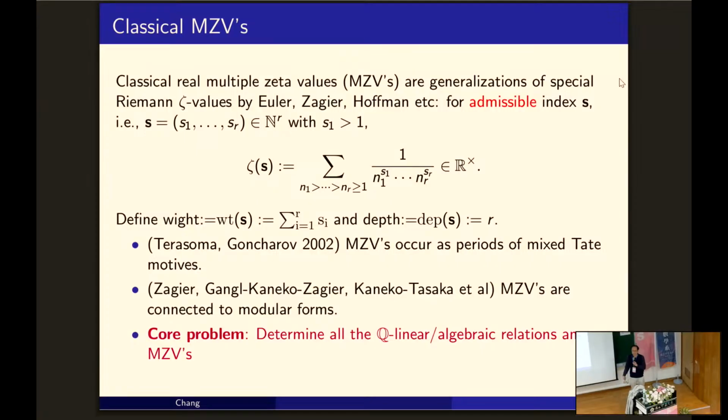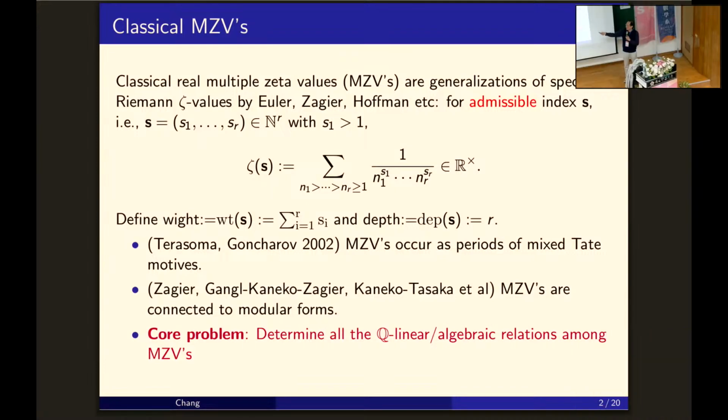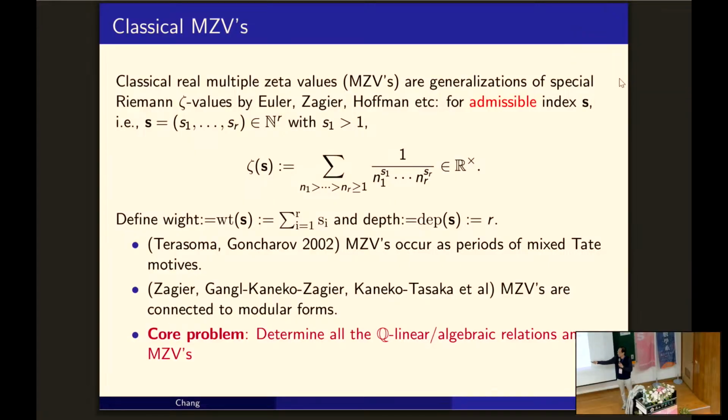For the convergence region, we assume the first coordinate is at least 2. The MZV is defined by this series. The weight is defined to be the sum of the components s_i, and the depth is defined to be r.